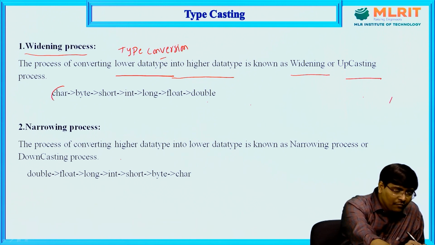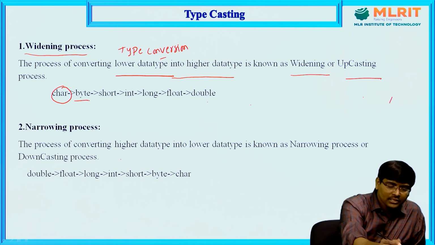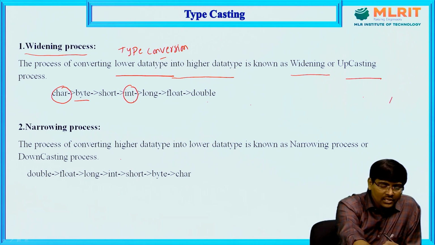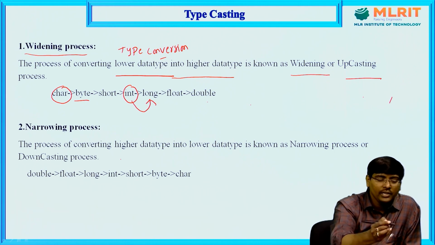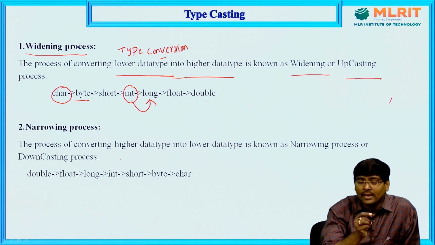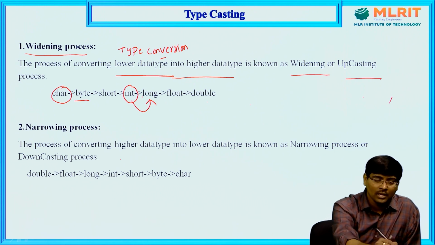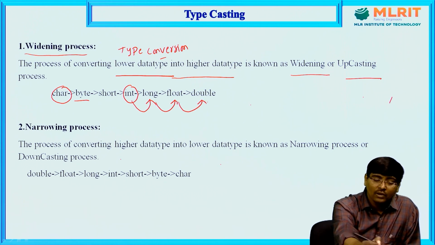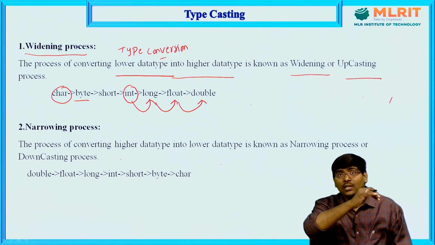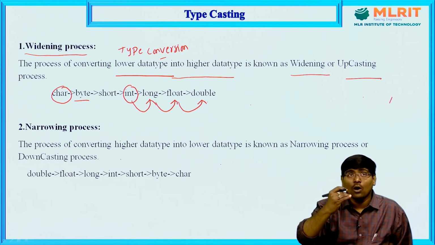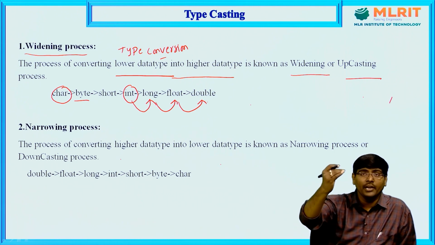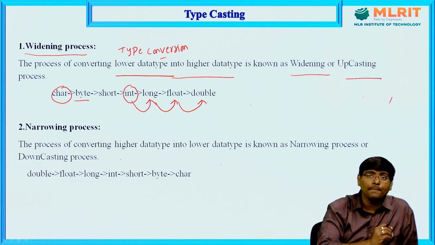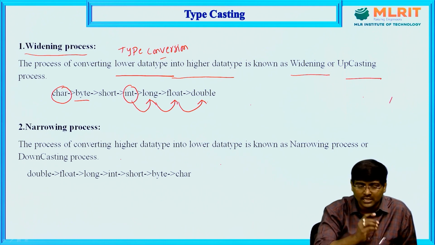For example, an integer variable can be converted into long. Is it possible? Yes, 100% it is possible. Suppose long is converted into float, possible. Float is converted into double, possible. Observe the direction of the arrow mark. The smaller data types are converted into larger data types. That is generally called type conversion or the widening process.